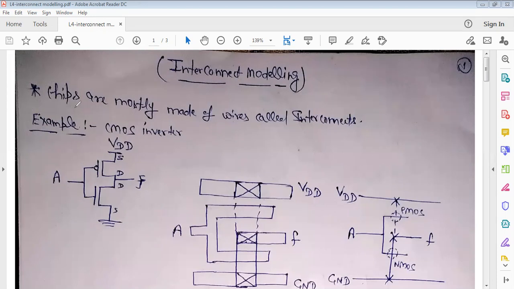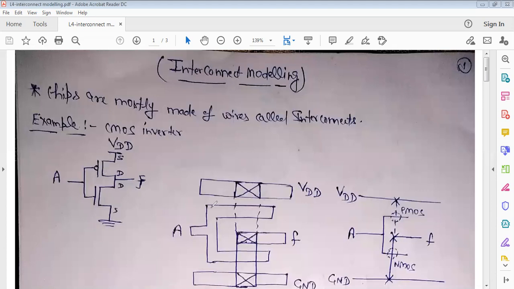For example, let us take a CMOS inverter. If we want to draw the layout of the CMOS inverter, then we can draw a diffusion line analogous to the NMOS and a diffusion line with dots analogous to the PMOS.